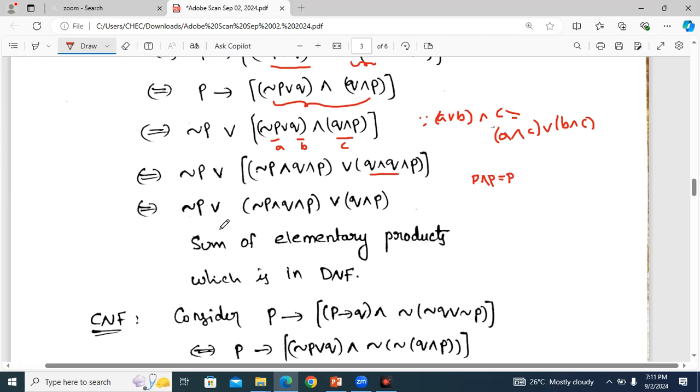So we have negation P or (negation P and P) or (Q and P), a sum of elementary products, which is in DNF.